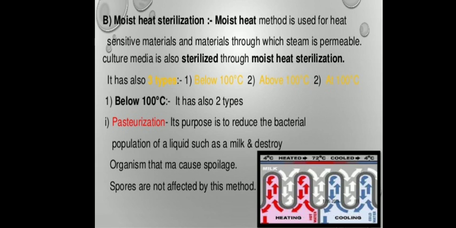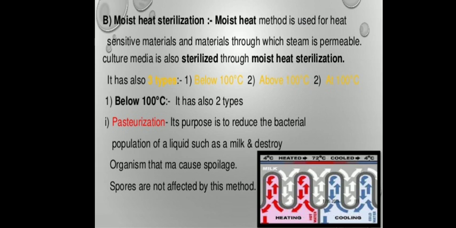First one is below 100 degrees Celsius, second one is above 100 degrees Celsius, and third one is at 100 degrees Celsius. That means substances we have to sterilize below 100 degrees Celsius, in which we can use the pasteurization technique.